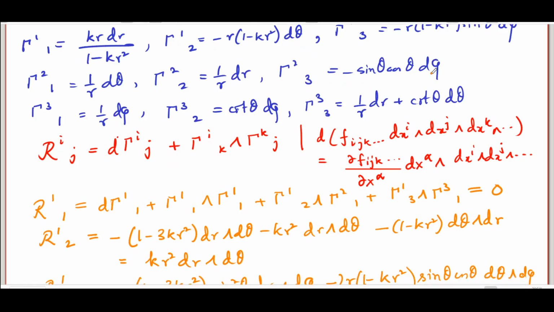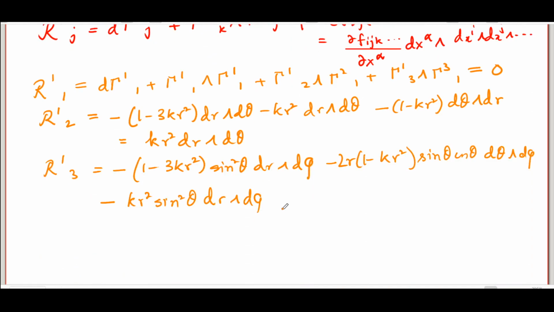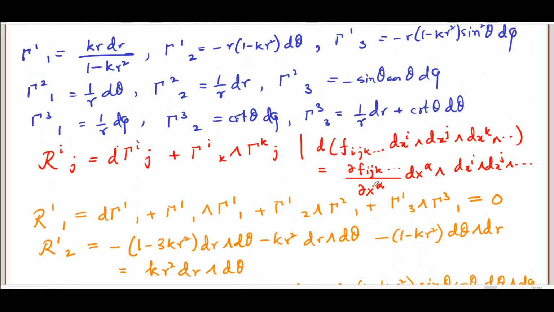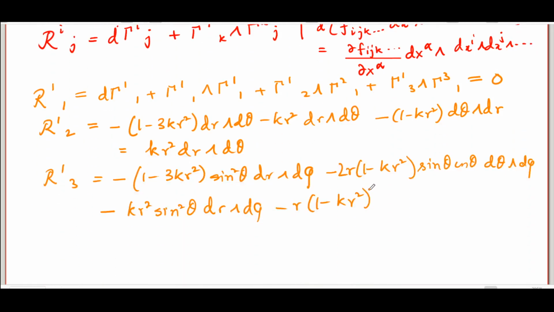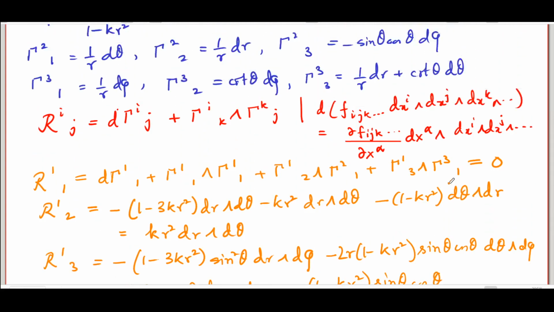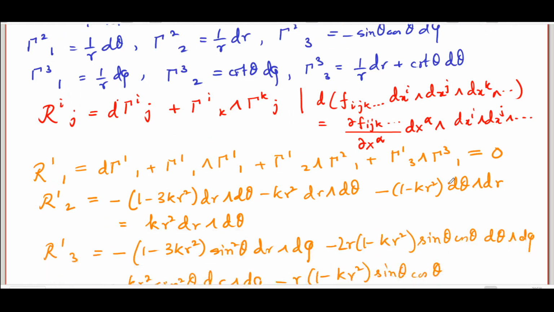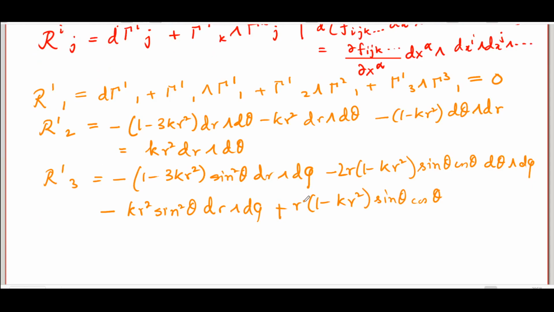And now you have this whole thing multiplied together. So you have minus r into 1 minus kr square times sine theta cosine theta. Well, two minuses make a plus, and you are going to get d theta wedge d phi in that order.